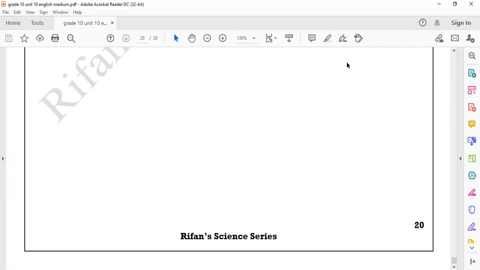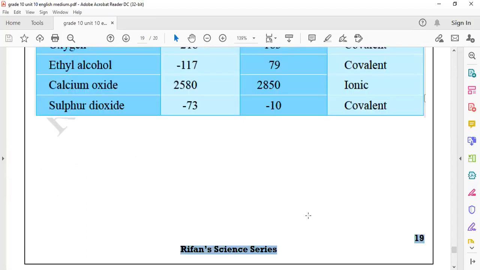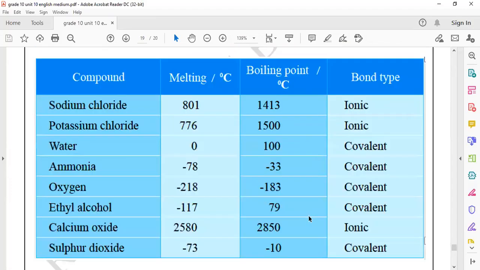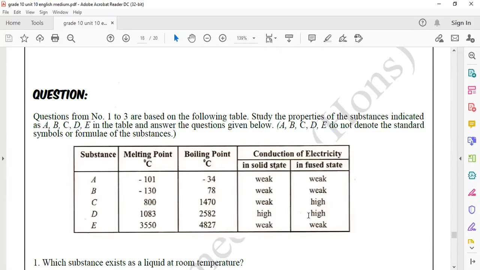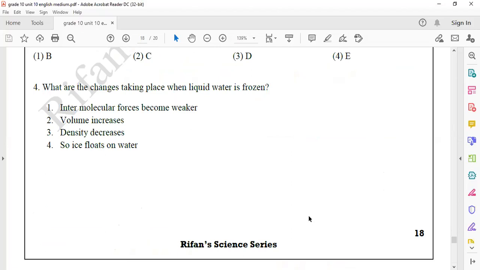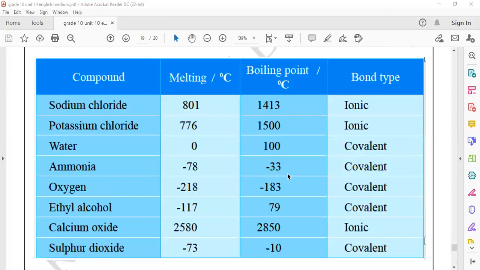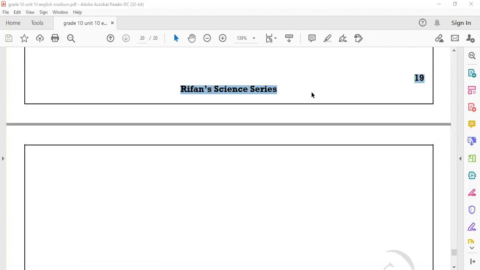How many of you were able to take the printouts of unit number 11? I took, sir. It's a small lesson, an interesting lesson.